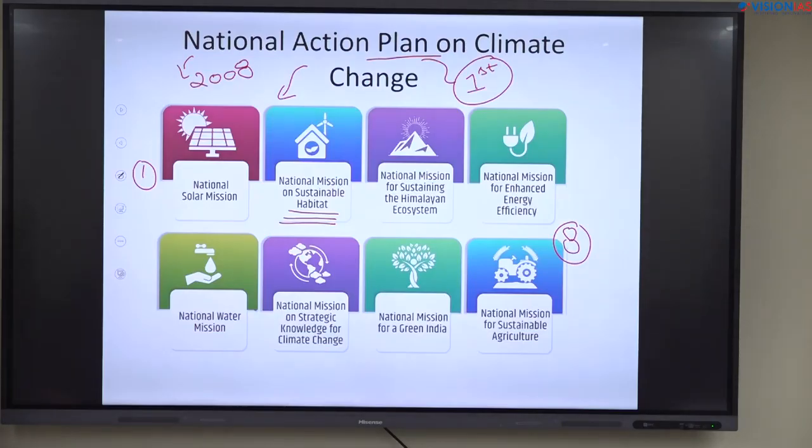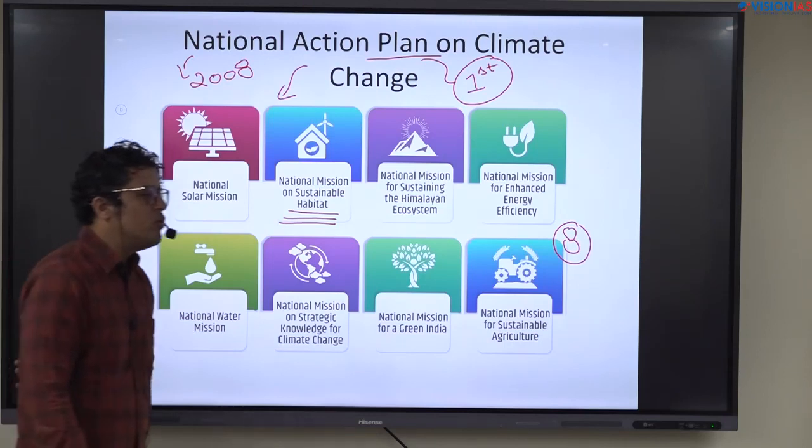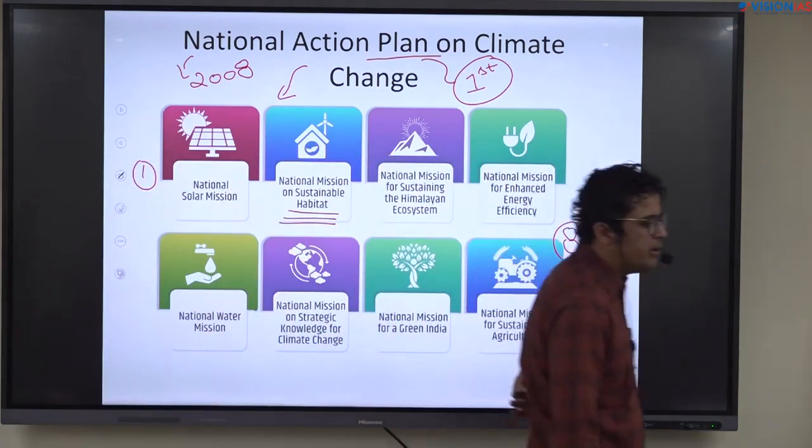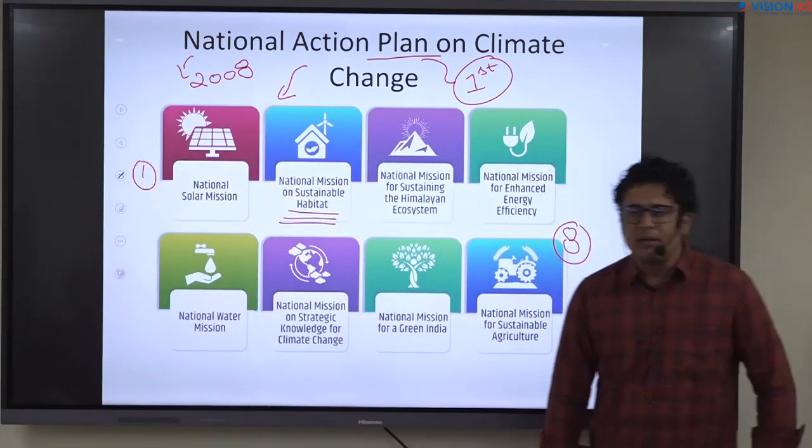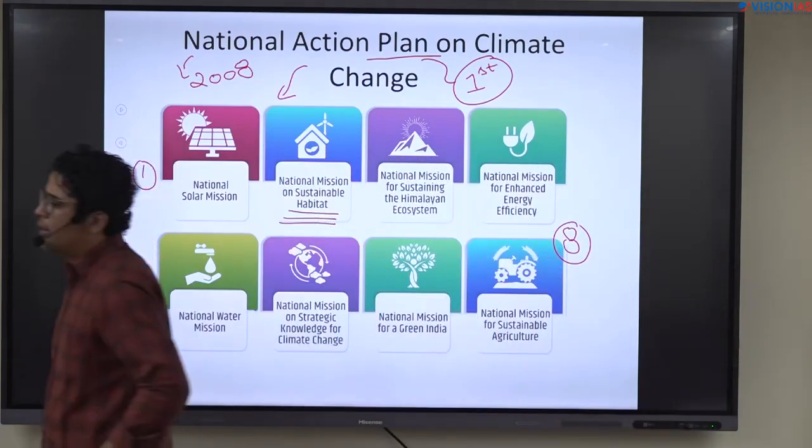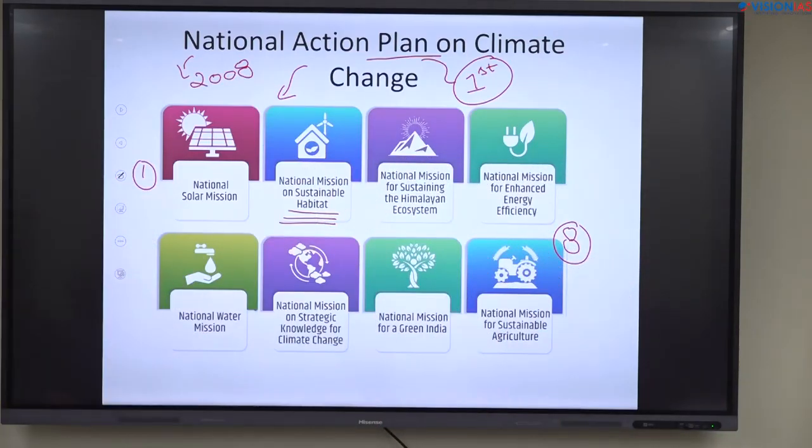So this mission is about improving India's cities, related to urban planning and making India's cities more livable.